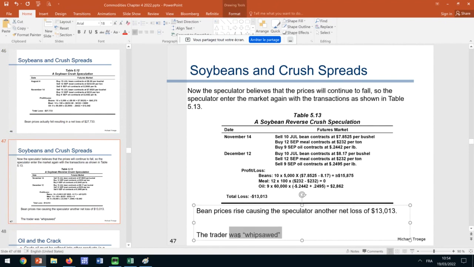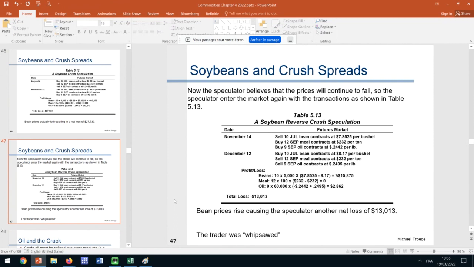So we made a massive misspeculation. This is just an example to show that things go wrong, and the expression is whipsawed, because you made one loss and then you made another one right afterwards.